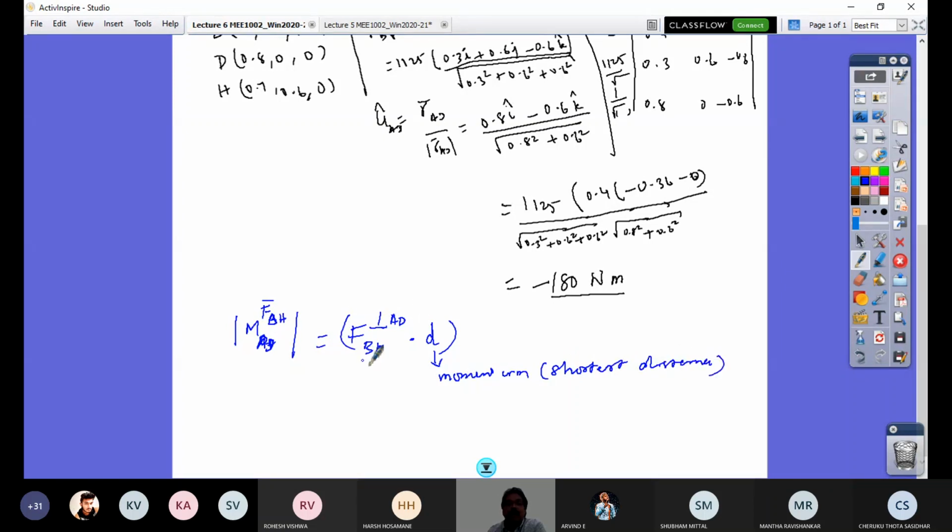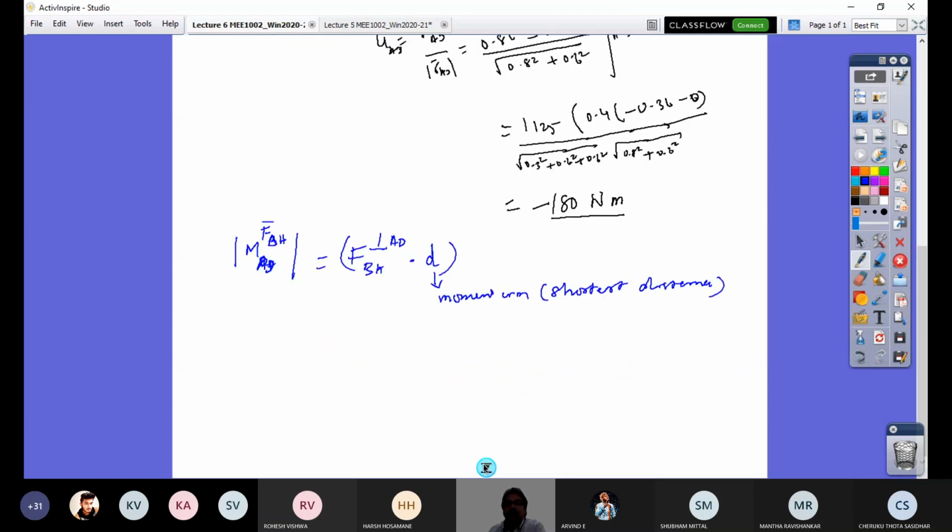So I need to find out what this component is. How will I find that? What is my FBH perpendicular to AD?